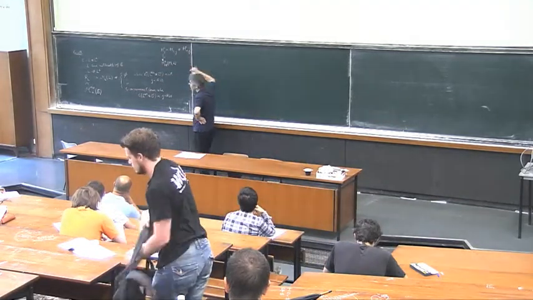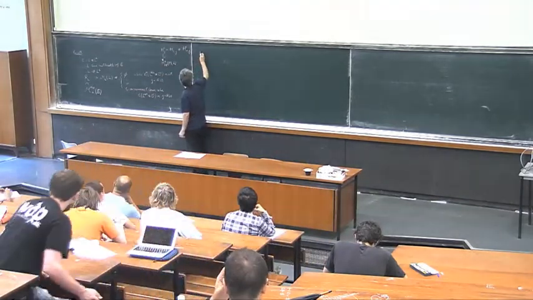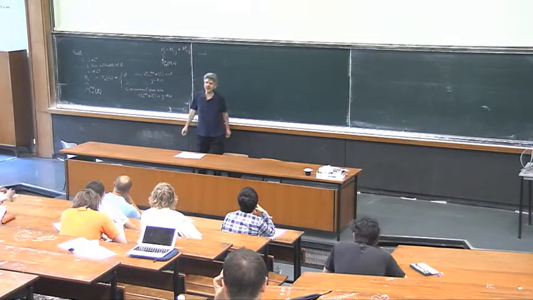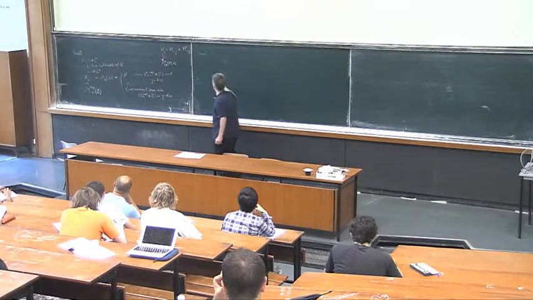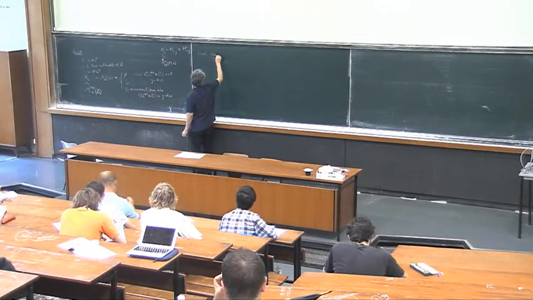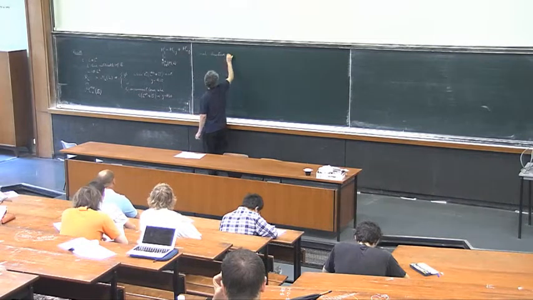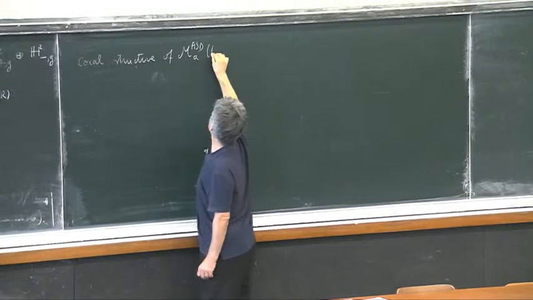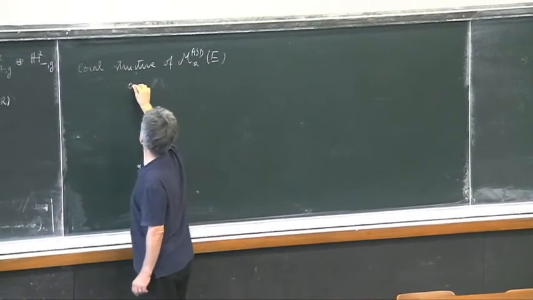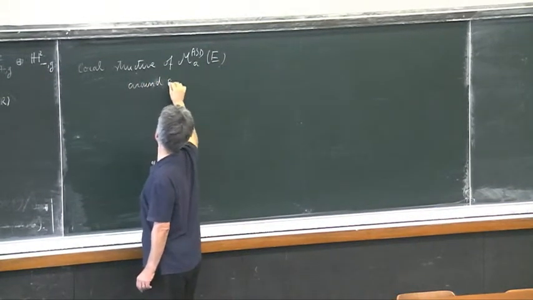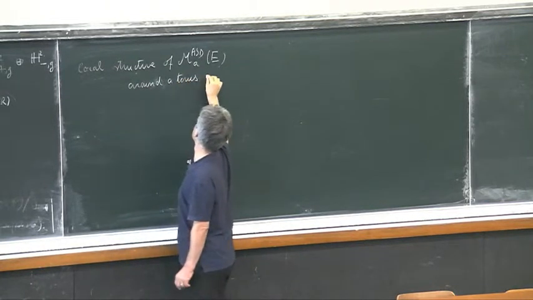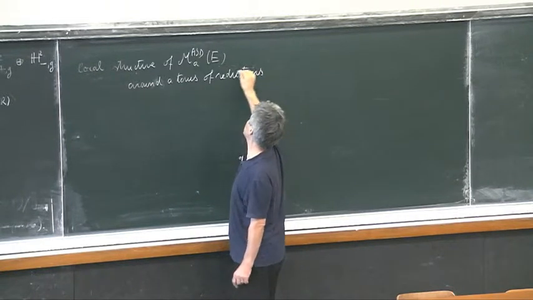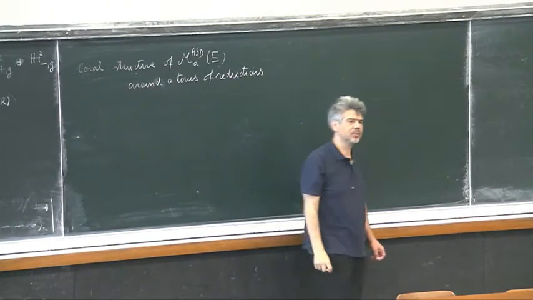Now, before proceeding, I would say something about a very interesting result about the local structure of our moduli space around a torus of reductions. Because we did this carefully, I take this opportunity to explain this briefly.